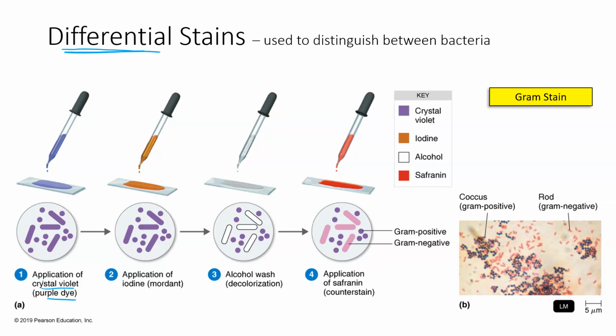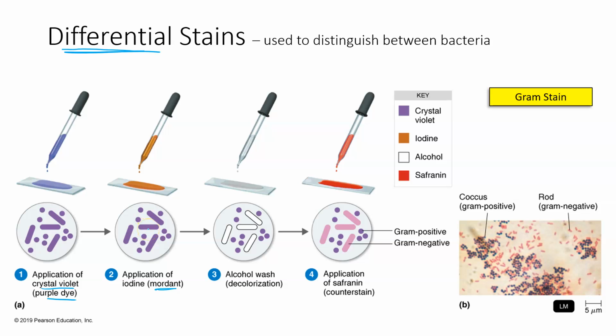It turns everything purple. And so then we apply the mordant. Like I said in the previous slide, the application of the mordant is supposed to make the stain more permanent. And so the mordant actually, because of the morphology of the cell wall of gram-positive bacteria, adheres the crystal violet more permanently into the spherical shaped cells in this particular diagram, and not into the rod-shaped bacteria.